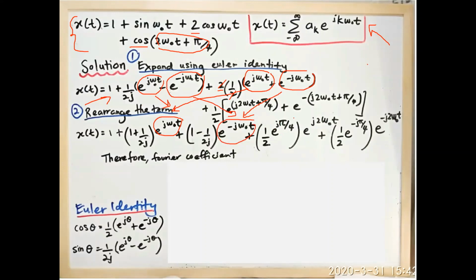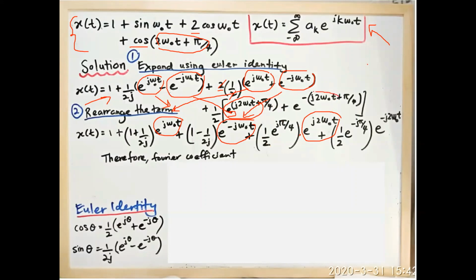Next you have e^(j2 omega t), which is actually this one. So you have 1 over 2 e^(j pi over 4). Okay, this is exponential property.